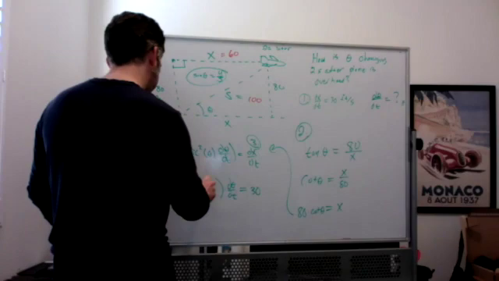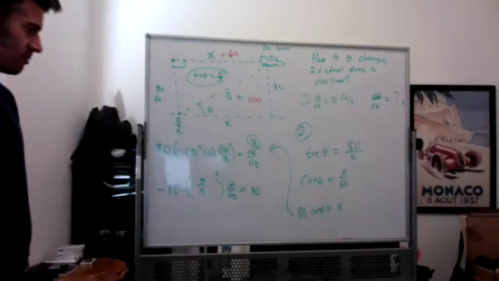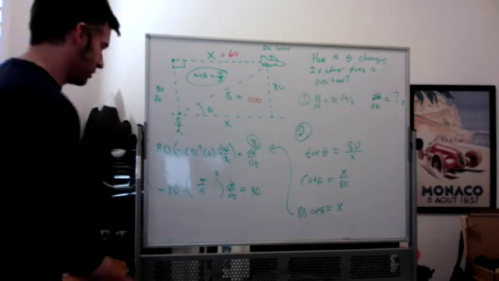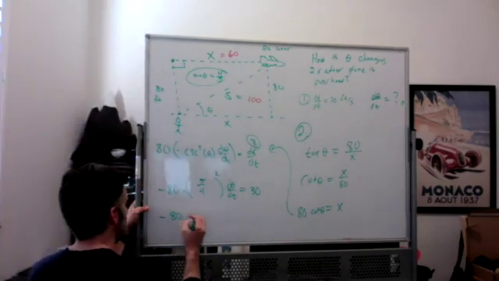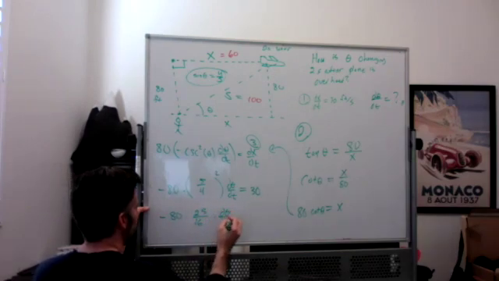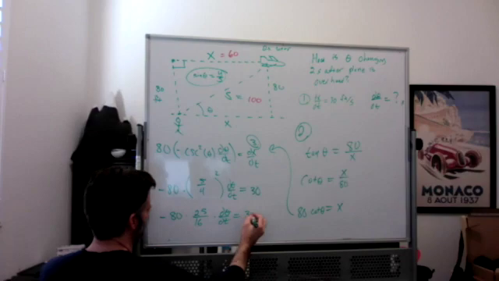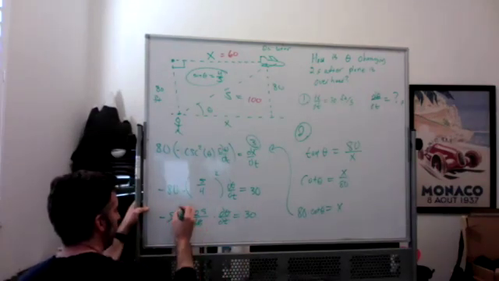This is going to be 5 over 4 squared. So then we're going to solve for d theta dt. Let's see what we've got here. We've got negative 80 times 25 over 16 times d theta dt equals 30. So 80 divided by 16 is 5.